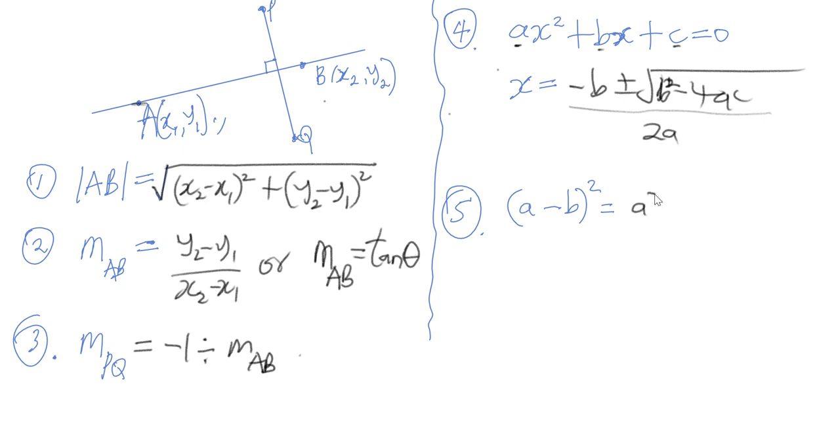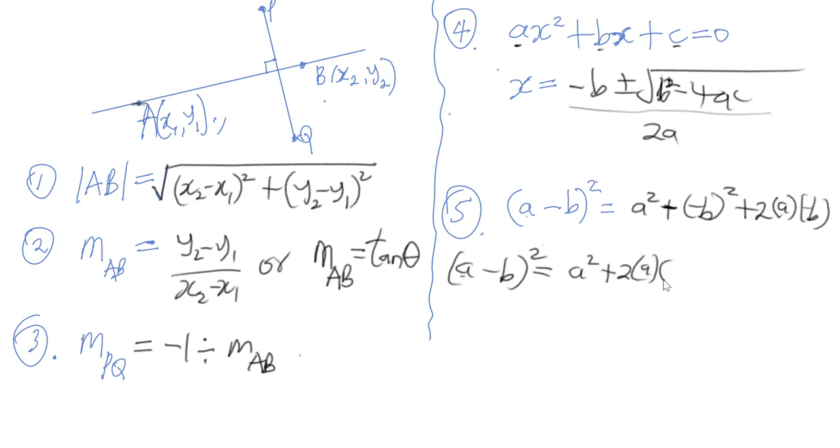We write A and square it, plus multiply the exponent 2 by A and then minus B, plus the second term, minus B squared. So A minus B squared gives us A squared, next, plus 2 multiplied by each of the terms in the bracket, next, you write the second term, minus B squared.